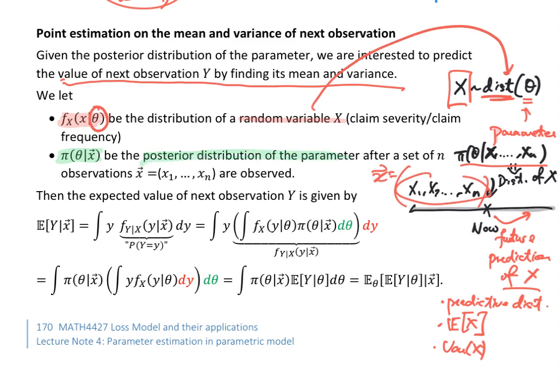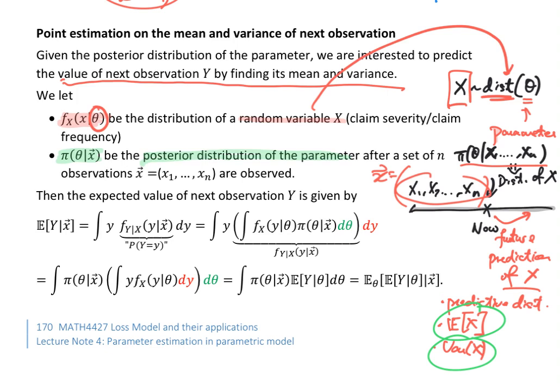Okay, now let's suppose we have these two quantities available. So what I want you to do is estimate the expected value and the variance. In order to do this, we start with the expected value. To do that, we just use the definition.